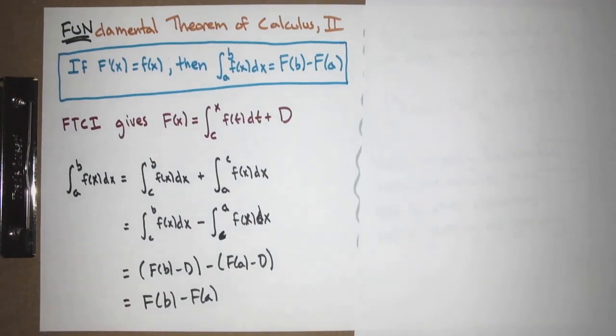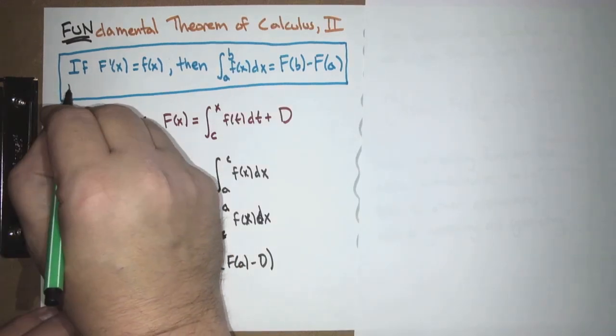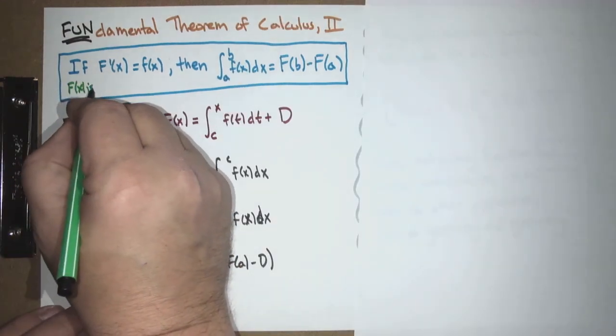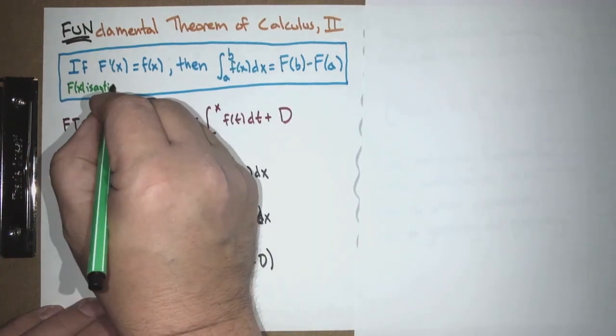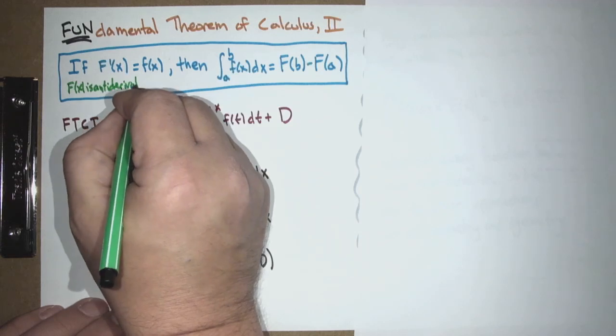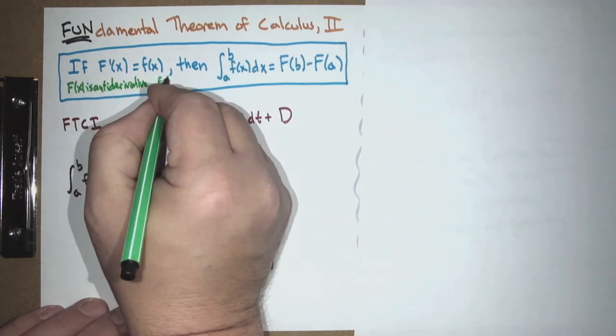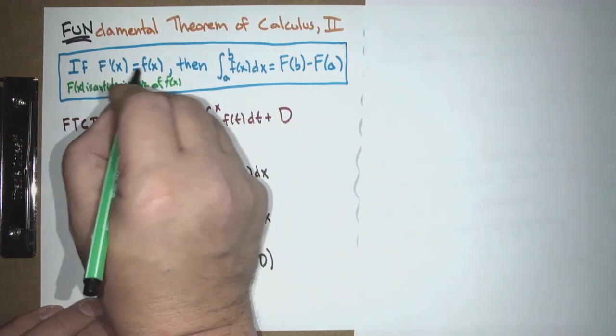So now it says, suppose I have a function, little f of x, and I have another function capital F prime of x that equals little f of x. So in particular, what we're really saying here is that capital F of x is the antiderivative of little f of x. So this is what this statement is.